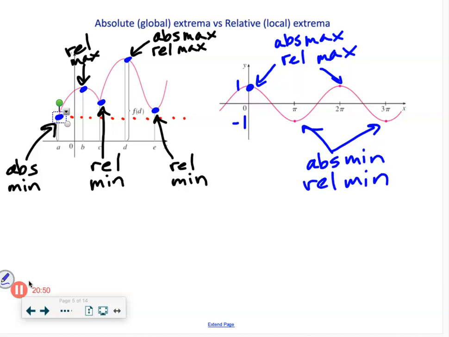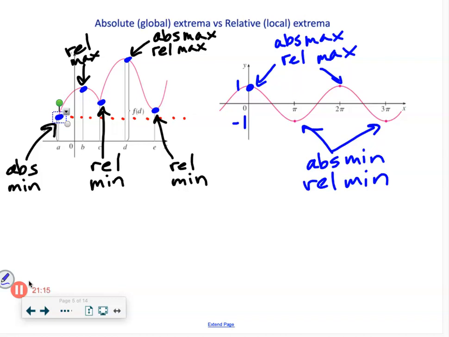Now, but here's the thing. An absolute max, is that an ordered pair? Is that an x value or is that a y value? Y value. So if I say, what is the absolute maximum of this function, what would your answer be? 1. 1, right? The absolute maximum of this function is 1. There will only be one answer. It's the highest y value on the graph.